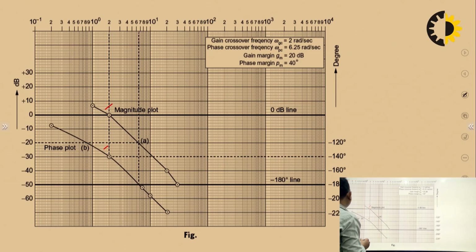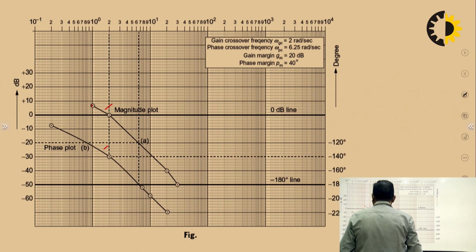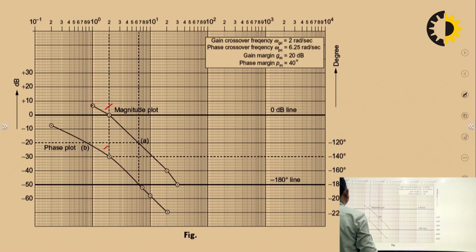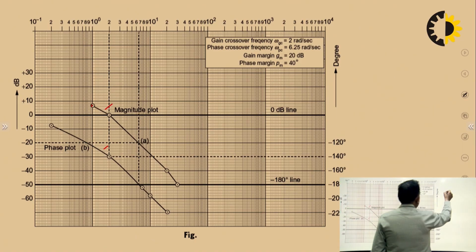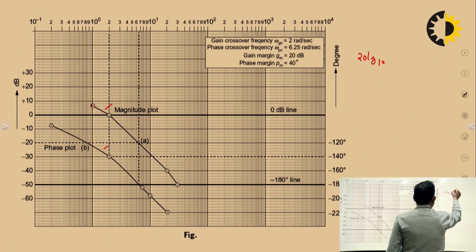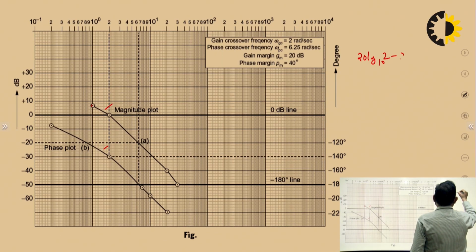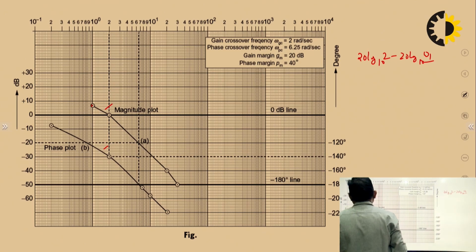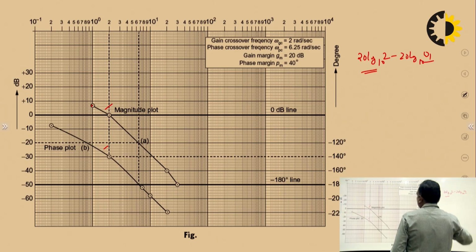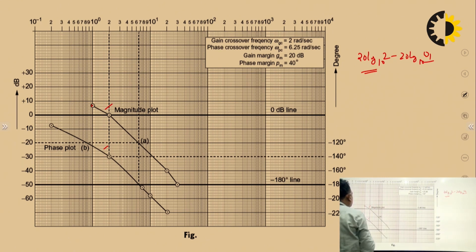The magnitude at the starting point is calculated by taking 20 log k, 20 log 2, minus 20 log omega 1. If the starting frequency is 1, then it gives the value. So you can start from here, and the initial slope is minus 20 dB per decade.